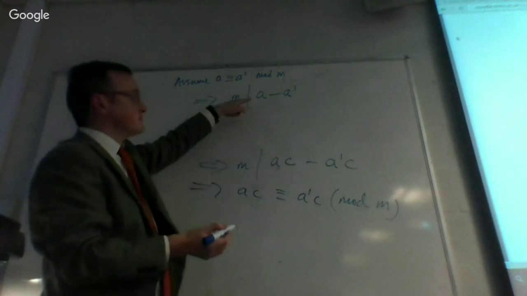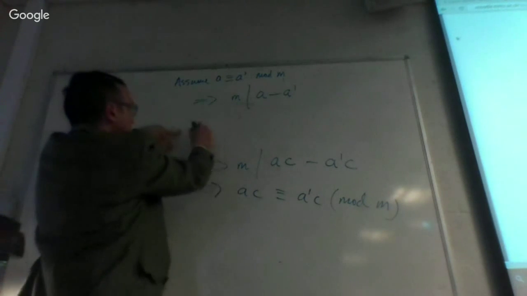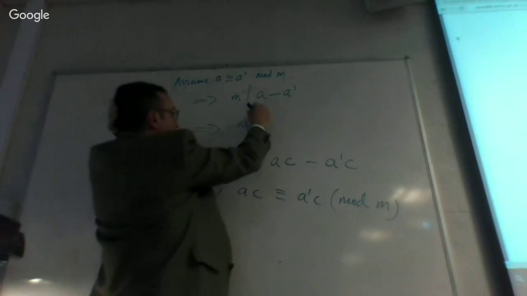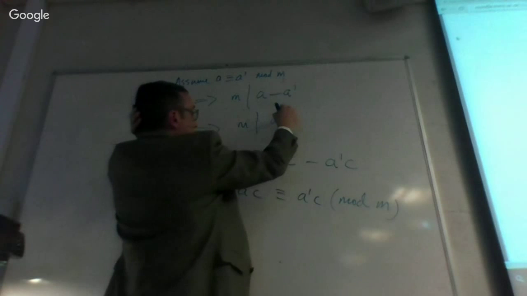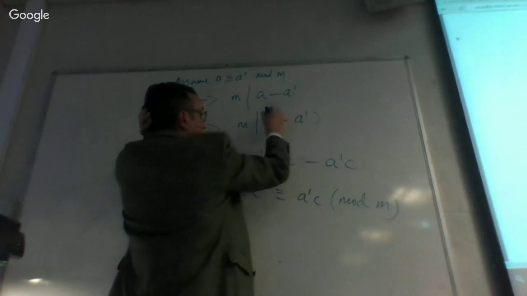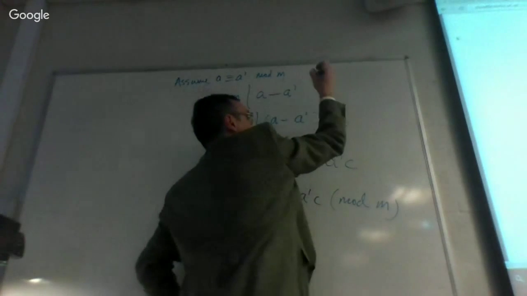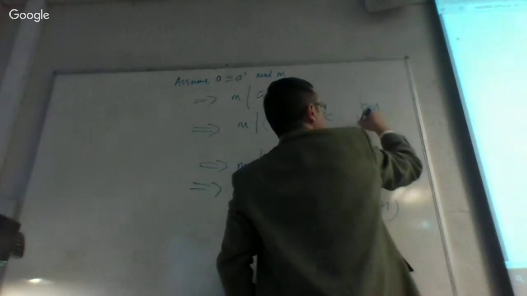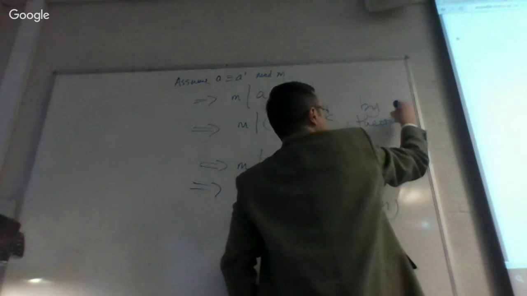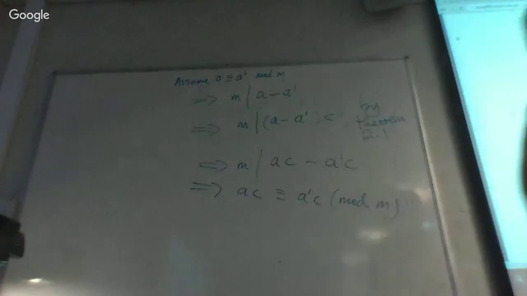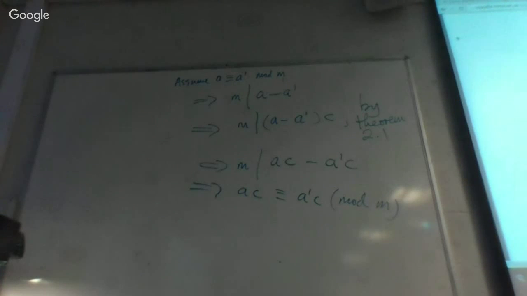Well, it's not too hard to see what we need here. We just need to multiply the thing we're dividing by c. Are we free to do that? Yeah, it'll be something in Theorem 2.1. When we first introduced the divisibility relation all those weeks ago, we proved Theorem 2.1 which ran through a number of basic properties of divisibility.